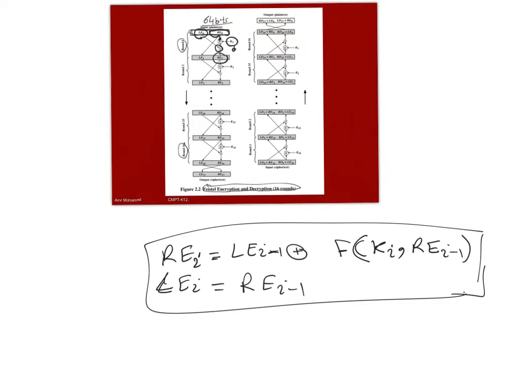So the trade-off, based on what NIST recommends, is to have 16 rounds of these types of operation. And then the last round, the 17th round, we do just simple swapping, which means that RE n equals LE n minus 1, and LE n equals RE n minus 1. That's it. It's a simple swapping.